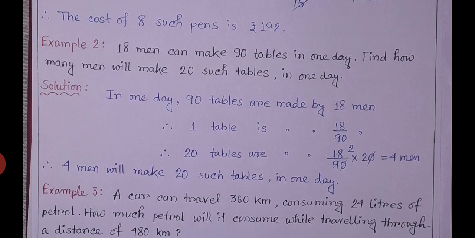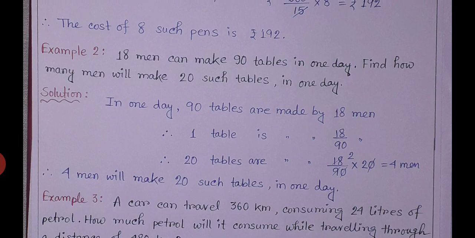It says 18 men can make 90 tables in one day. Find how many men will make 20 such tables in one day. So here we have to find the number of men.